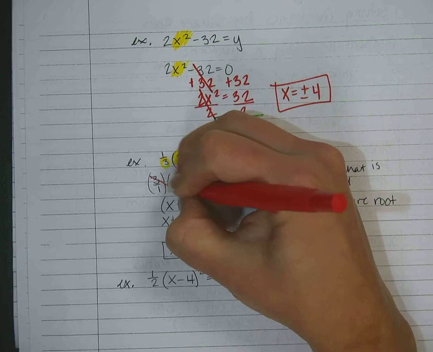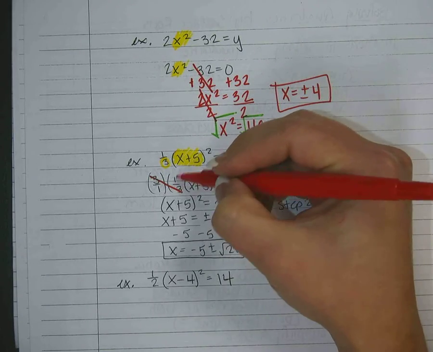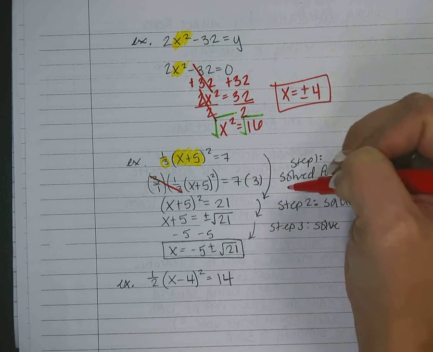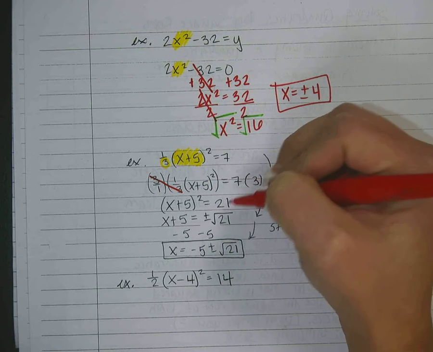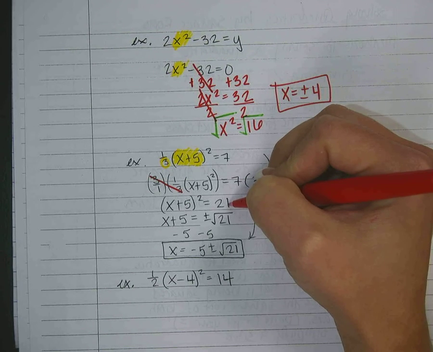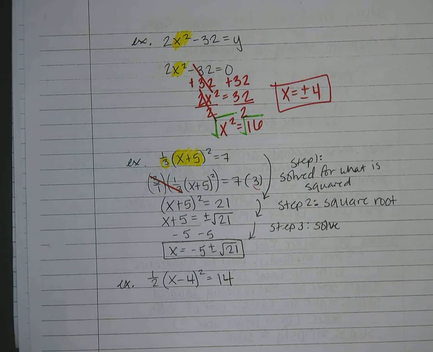Multiplying by 3 cancels this out, and I'll be left with just 1. Remember, do not multiply inside the parentheses. Over here, 7 times 3, because I have to do what I do to one side to the other. 7 times 3 is 21. Now, my next step is to square root both sides.